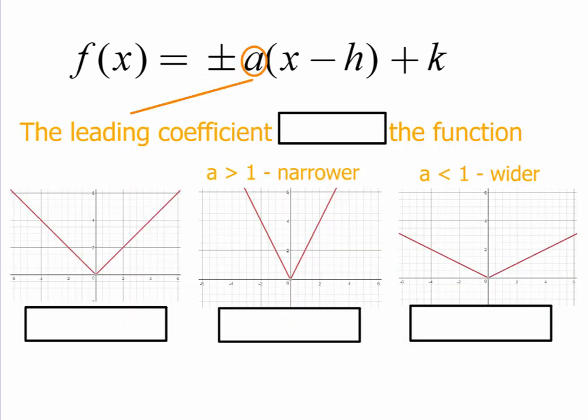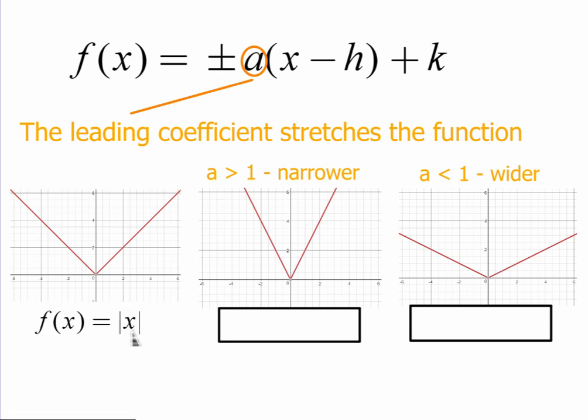All right, let's take a look at that a. The leading coefficient a stretches the function. It either makes it narrower or it makes it wider. And it depends on what a is. So this is f of x equals absolute value of x, the parent function. And if a, this leading coefficient, is bigger than 1, then it makes the function narrower.